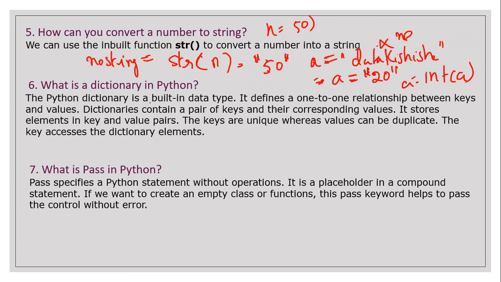Okay, then the next question is, what is a dictionary in Python? The Python dictionary is a built-in data type. Okay, it defines a one-to-one relationship between keys and values. So here we can store key and value pairs in the dictionary. The keys are unique, whereas values can be duplicate. Okay, and the key accesses the dictionary elements.